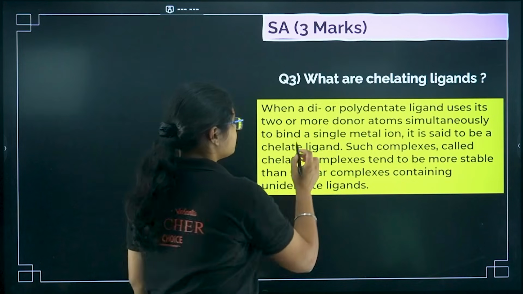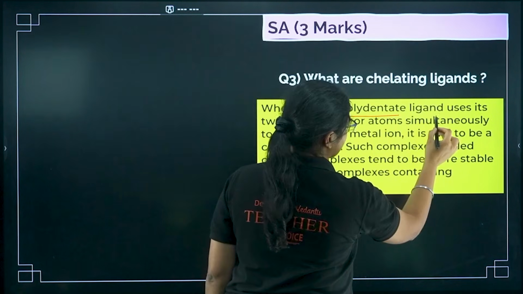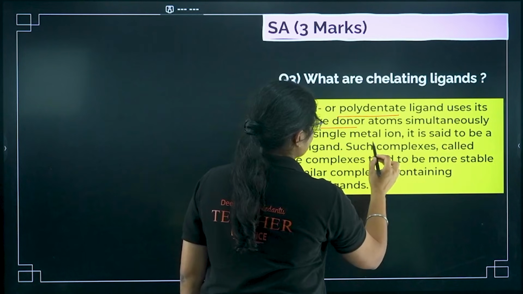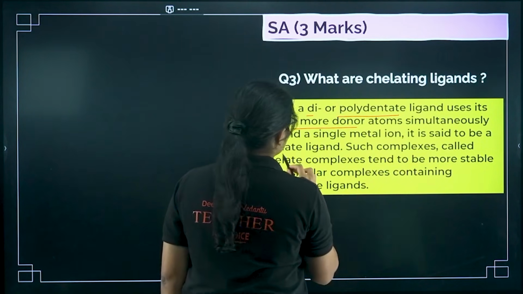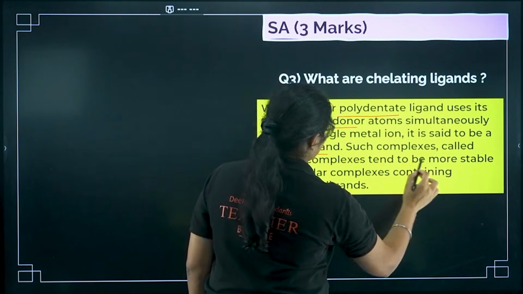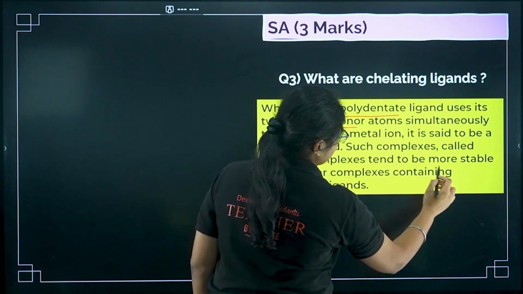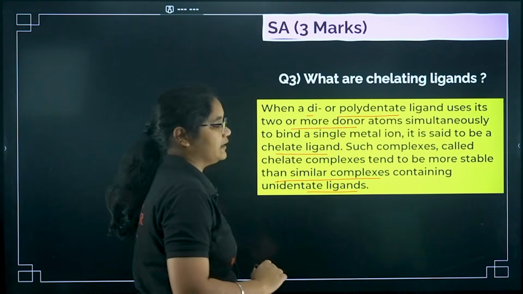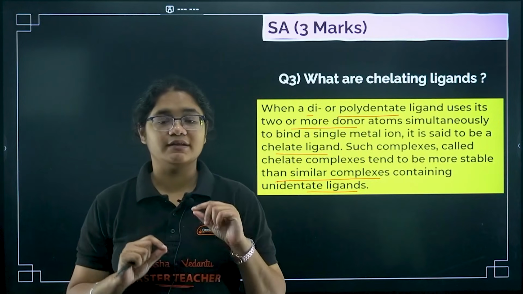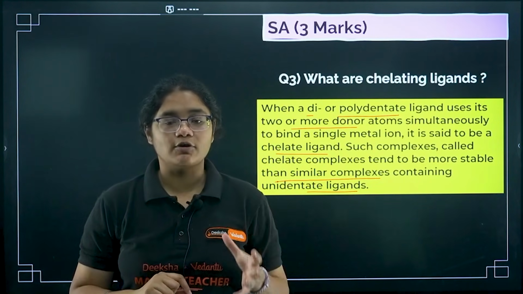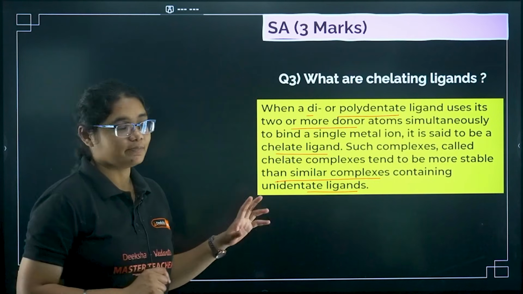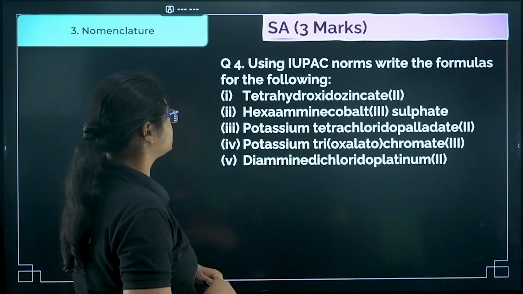Okay, so when a di or polydentate ligand uses its 2 or more donor atoms simultaneously to bind a single metal atom, it is said to be a chelate ligand. Such complexes, called chelating complexes, tend to be more stable than similar complexes containing unidentate ligands. So whenever there is chelation, whenever a cyclic ring formation takes place, it always increases the stability of the complex.